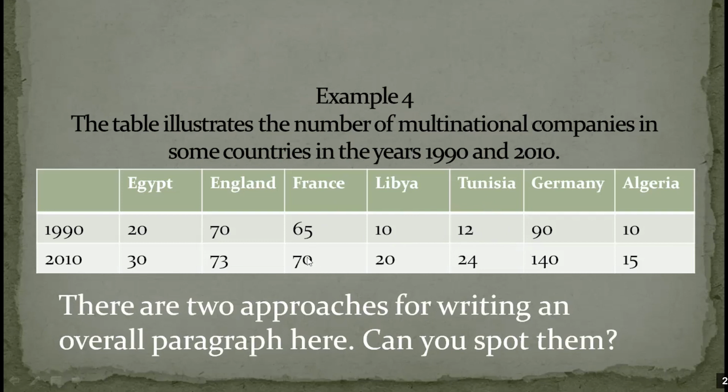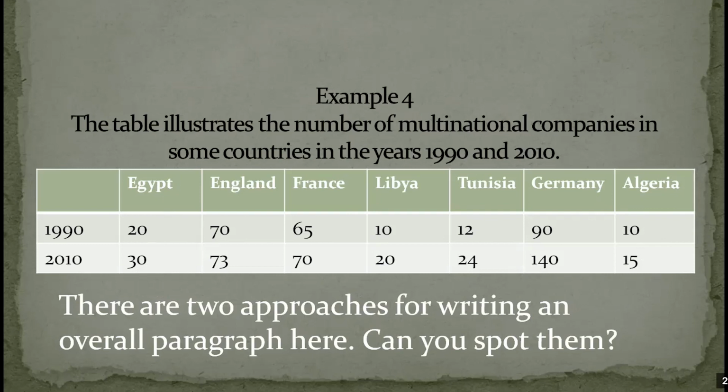So that's small increase. England, 3, small increase. Egypt. So that's big increase. So one more time, in the big increase, we're going to have Germany, Tunisia, Libya, and Egypt. In the small increase, we're going to have Algeria and France and England. So big increase and small increase.